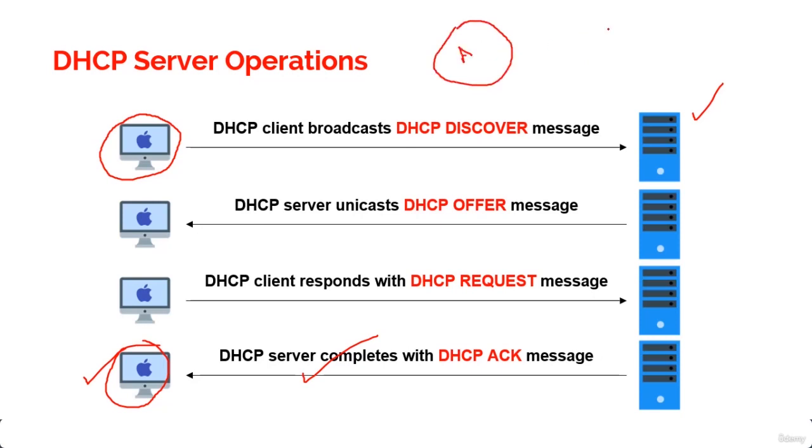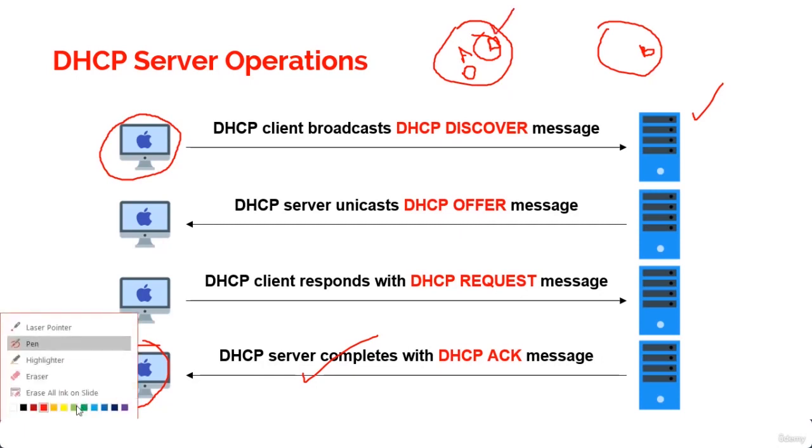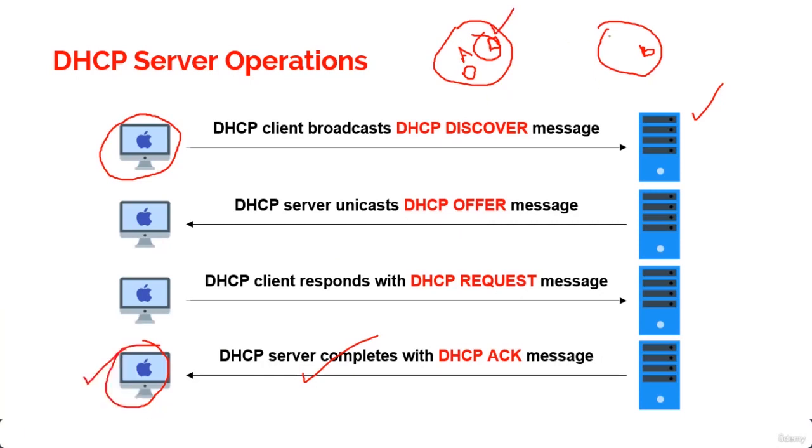It says, okay, I would like to have this IP address, so please provide me this IP address. And finally, the DHCP server completes with a DHCP acknowledgement message. And after this step is done, your PC will finally get the IP address. And in this way, the DHCP server actually works.